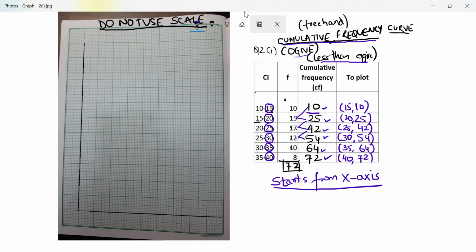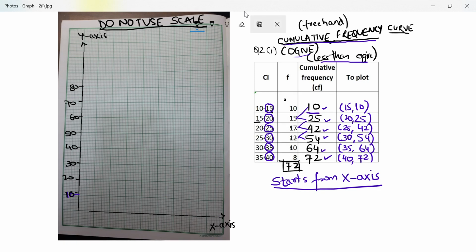Now let's start. I need to go up to 72, which means I should ideally take intervals of 10. One second, let me just change the color. So this will be 10. Next is 20, this is 30, 40, 50, 60, 70 and 80, and this is my y-axis and this is my x-axis.